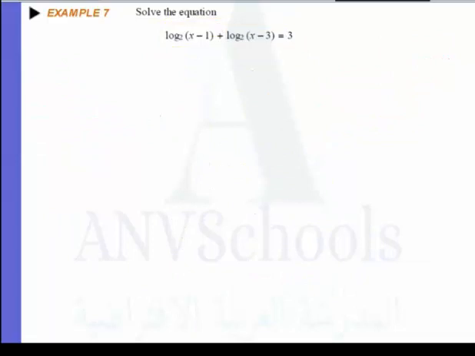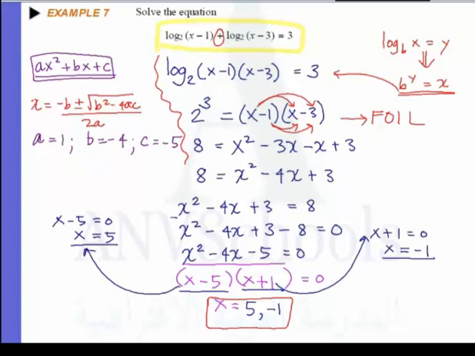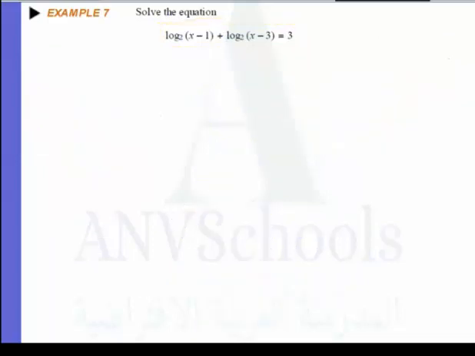So our given solution set for x on this expression is x equals 5 and -1. So x is equal to 5, and on the other side we have x is equal to -1.